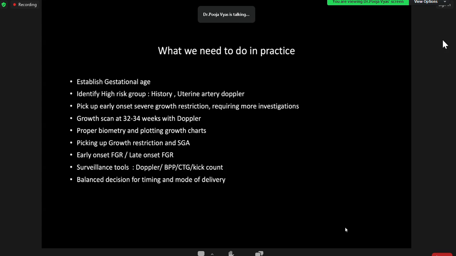We have to identify growth restriction and SGA. We have to differentiate between early onset as well as the late onset FGR. We have to use surveillance tools like Doppler, BPP, CTG, or kick count, and we have to make a balanced decision for timing and mode of delivery.